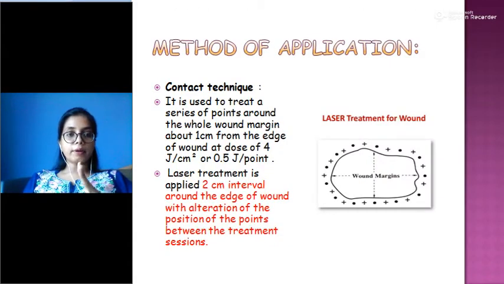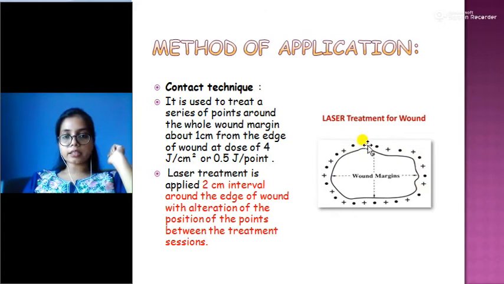Now there are two methods of application of laser. Whenever you are using it over the peri-wound area, and not directly over the wound bed, you use this contact technique.